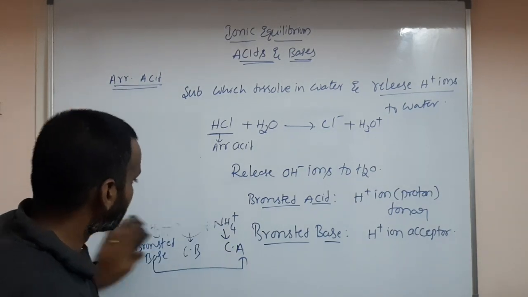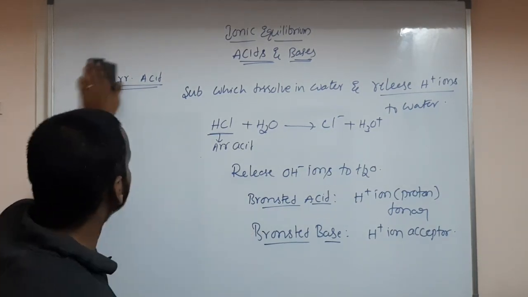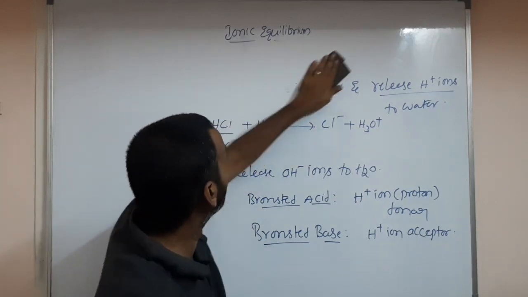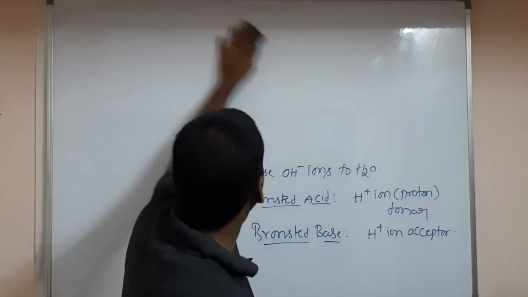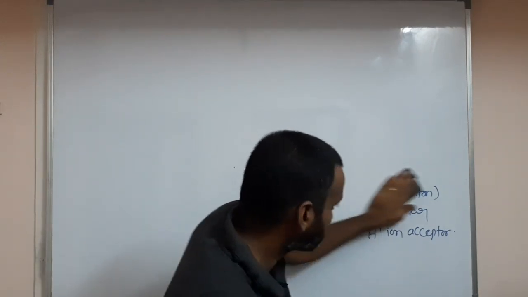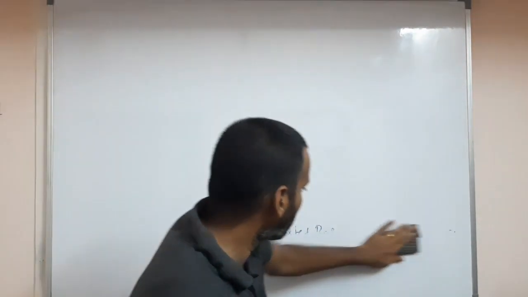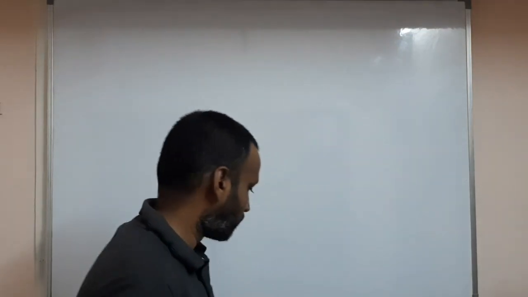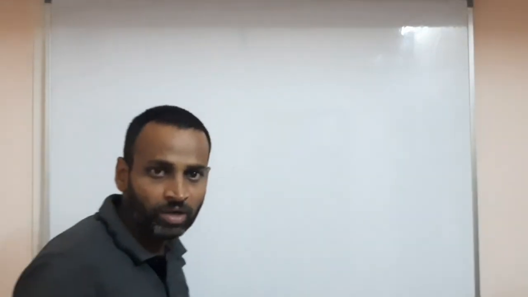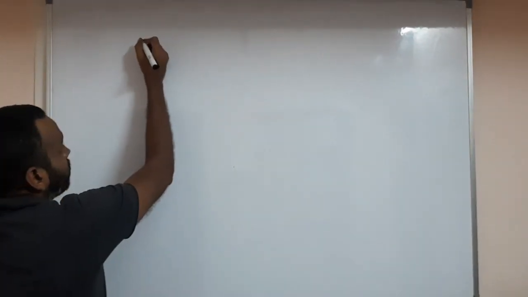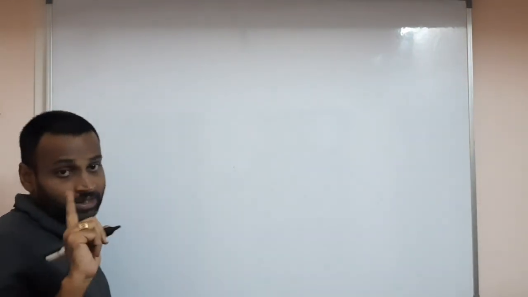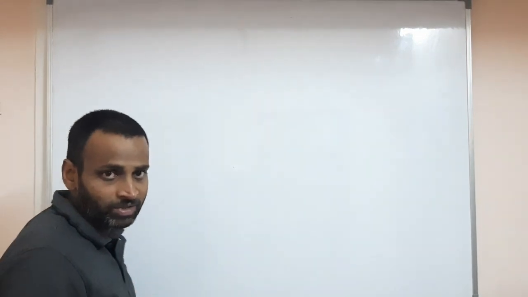Okay, so this is about Arrhenius acid as well as Bronsted acid base. So what is a Bronsted acid and base? Bronsted acid means proton donor. Differing by what? One proton. Remember? I told you how to decide the strength of an acid in our previous revision class.